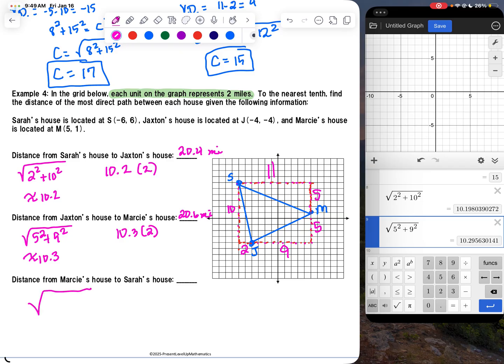So the square root of 5 squared plus 11 squared would be approximately 12.1 units. I'll take that 12.1 and multiply it by 2, which gives me 24.2 miles. And that concludes today's lesson, finding distance on the coordinate plane using the Pythagorean theorem.